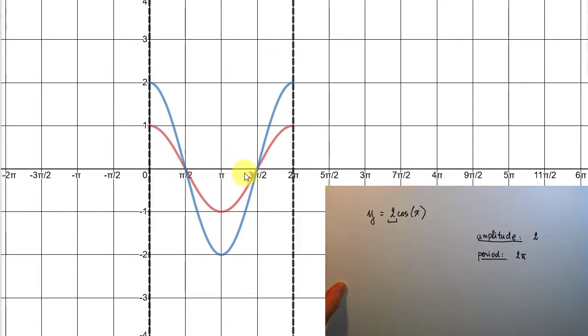The center line of our blue curve is the same as the center line of the red curve, so it's y equals 0, or the x-axis.